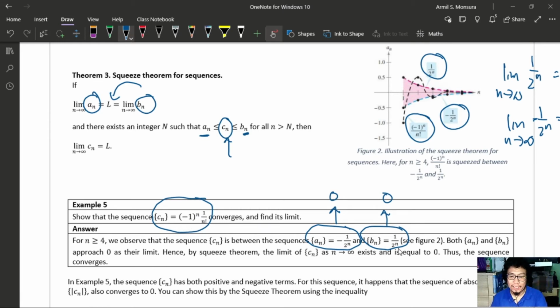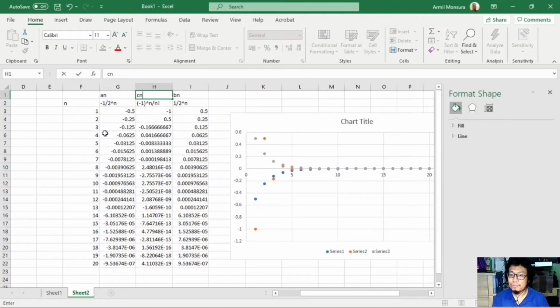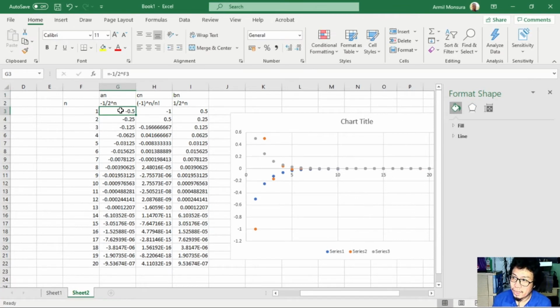One way is to numerically prove them. Here I have generated the first 20 terms of your AN and your BN. Now, what I would like to know is if CN is actually in between AN and BN.